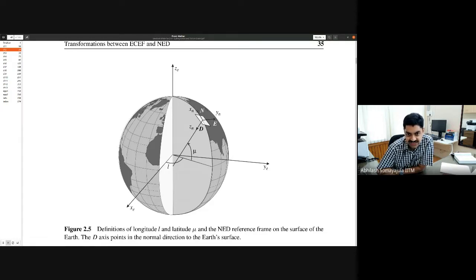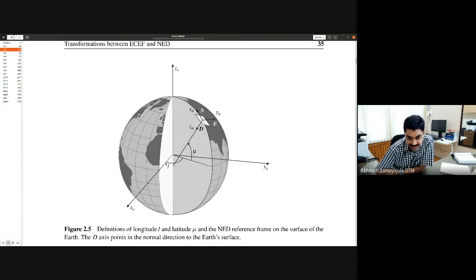The X is pointed towards the north, the Z is pointed normally downward, and the Y is pointed based on the right hand convention. And the E frame is located at the center of mass of the Earth with x-axis and y-axis in the equatorial plane and the z-axis along the axis of rotation.